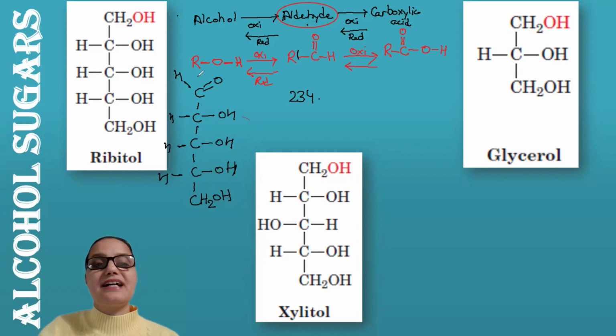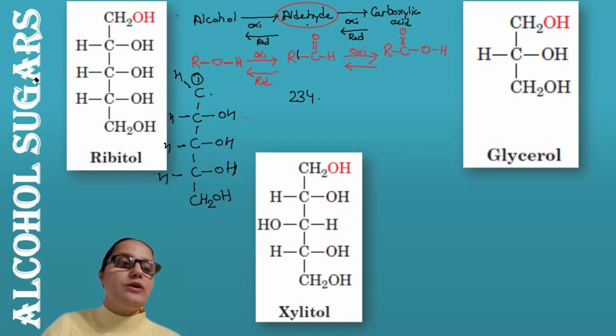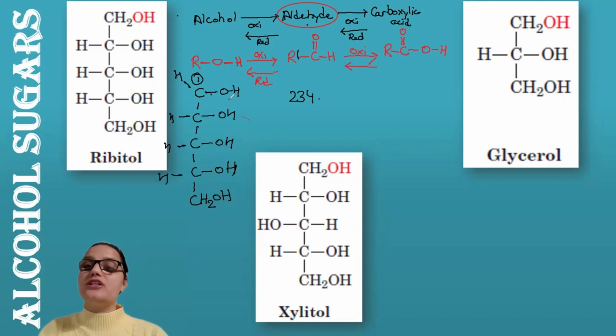So what happens is that carbon number 1 over here gets reduced, and when it gets reduced, it loses this double bond. Instead of bonding with a double bond to O, it gets bonded with just a single bond to O, and that oxygen further gets associated with hydrogen. So another hydroxyl group comes into the picture.